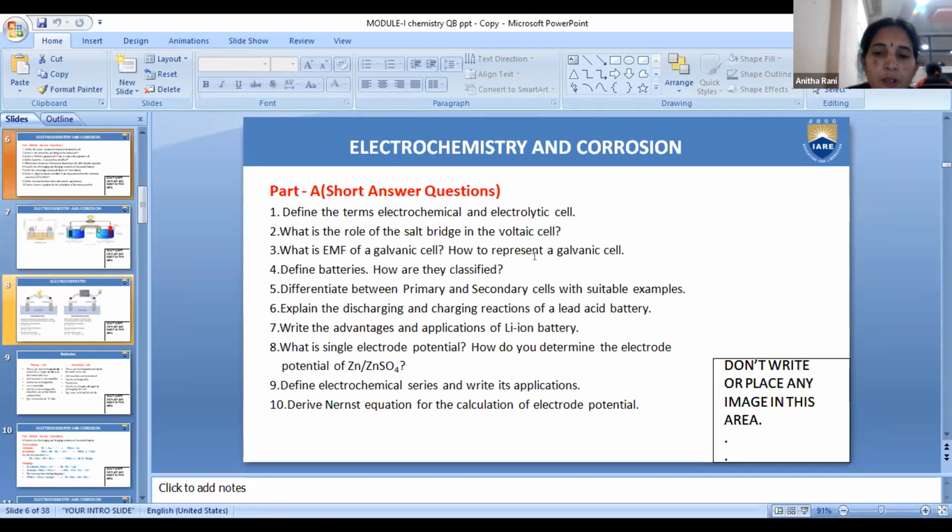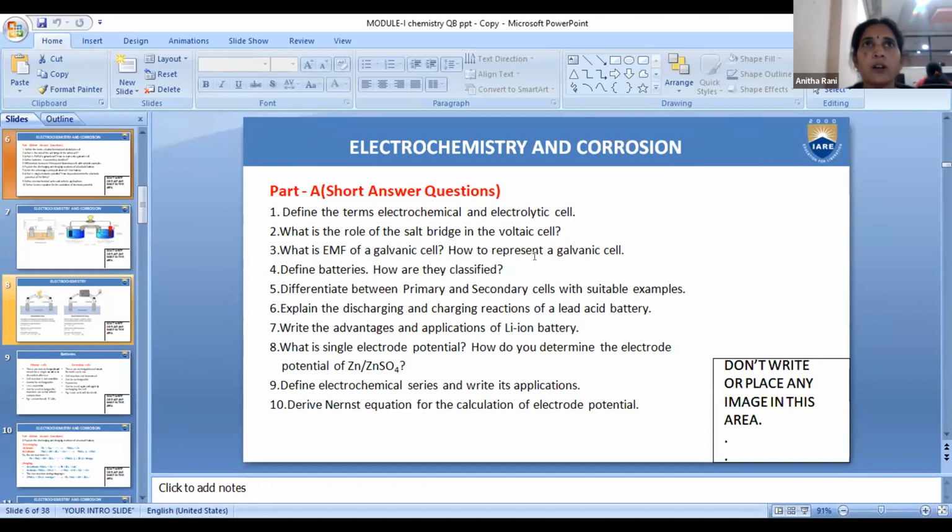Very simple, you know how to represent a galvanic cell. Anode, which side will you write? Cathode, which side? The anode is on the left-hand side, the cathode on the right-hand side. Say the anode is zinc and the cathode is copper.